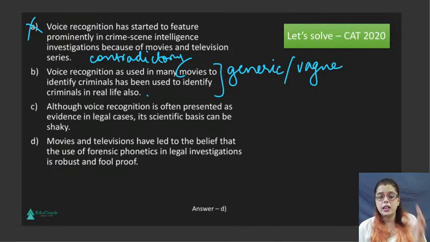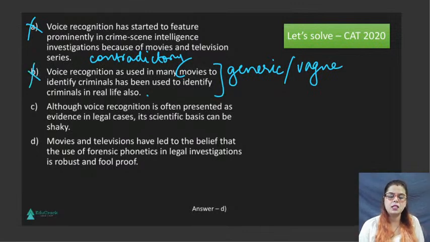The agenda here is that although it is used in real life as well, in movies they have exemplified it. They are giving us unrealistic expectations or an unrealistic example of how voice recognition is used. So this option B does not give us the idea of something being unrealistic. It does not capture the core of the passage, that voice recognition in movies is being used in a very unrealistic manner, and then it sets an unrealistic expectation in real life.